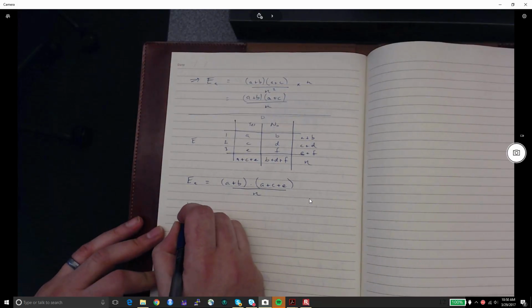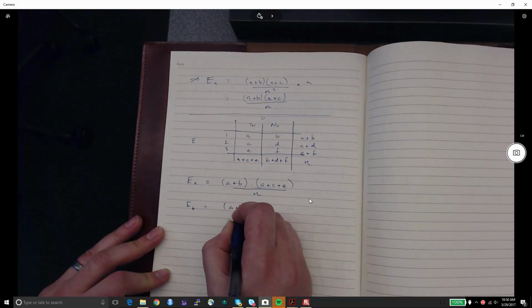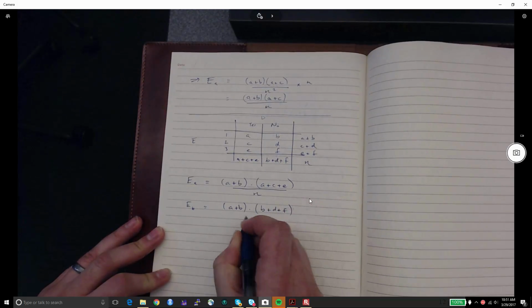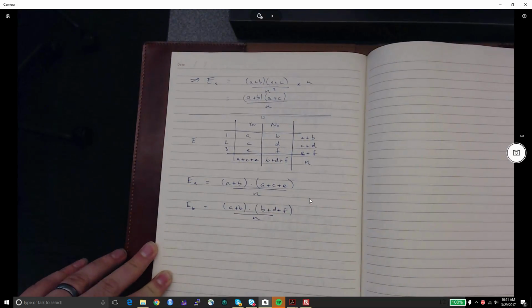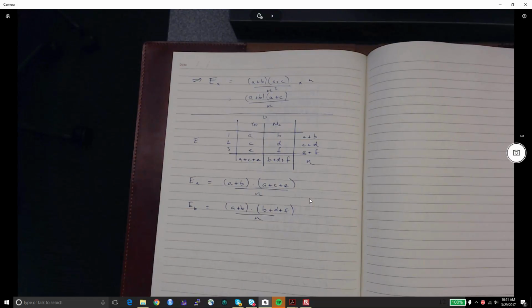We can play this game all day. EB is A plus B times B plus D plus F over N, etc. So we can work out EA, EB, EC, ED, EE, EF. So there's 6 entries in the table, and there's 6 expected values that we can calculate under the null hypothesis that we can correspond with those values.